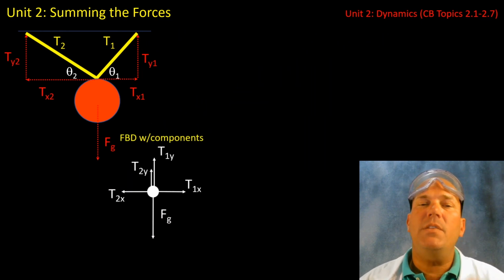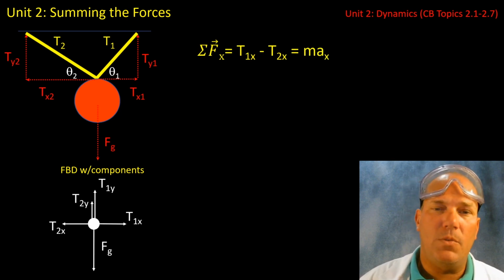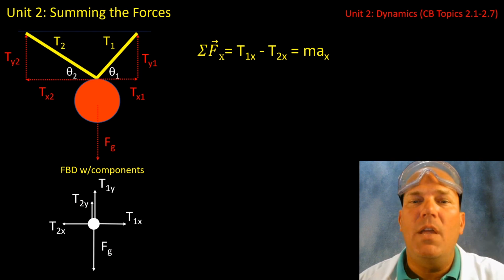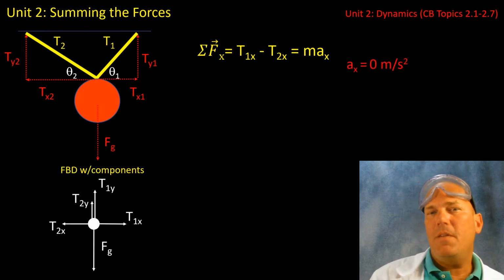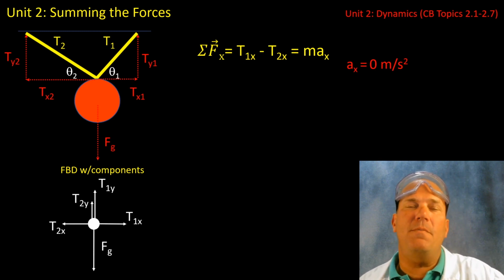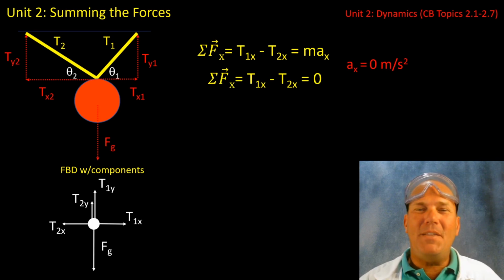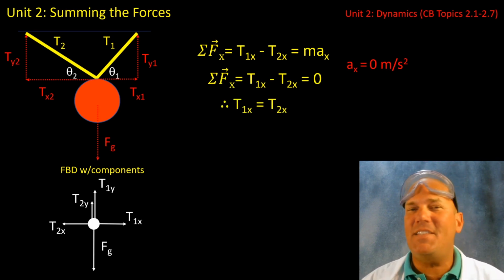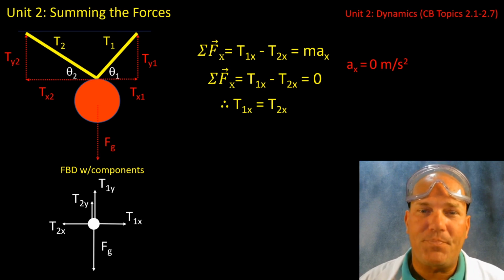Now, let's go ahead and consider the horizontal direction. Let's call right positive. Let's call left negative. So I'm subtracting my negative force from the positive force. It's not accelerating horizontally, which means if I add T2 in the x to both sides, I can state that the horizontal components of both of these are the same.